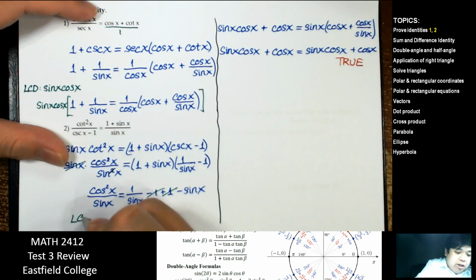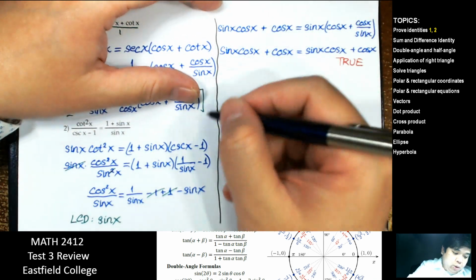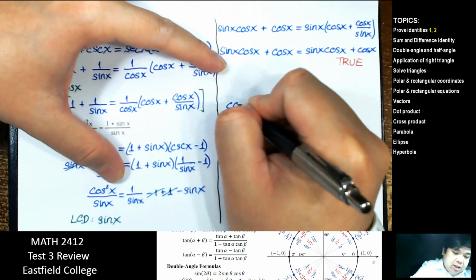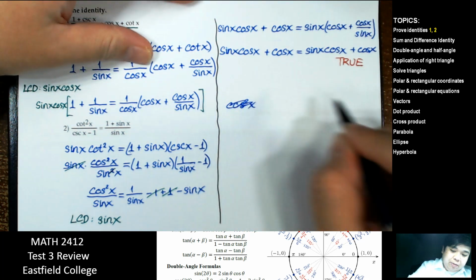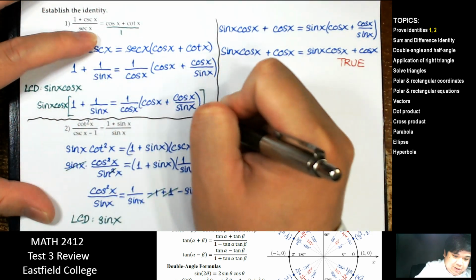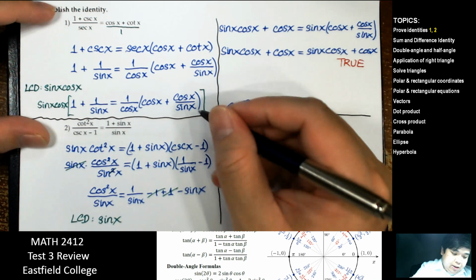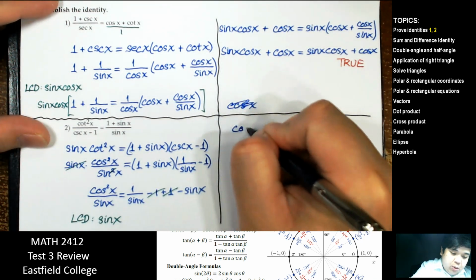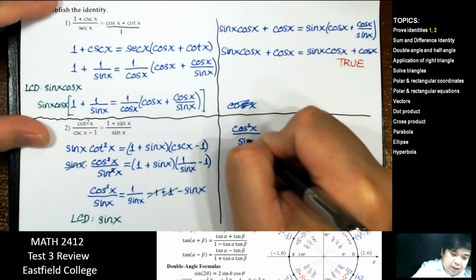And the least common denominator in this case is just sine x. So we will rewrite that cosine square over sine x.